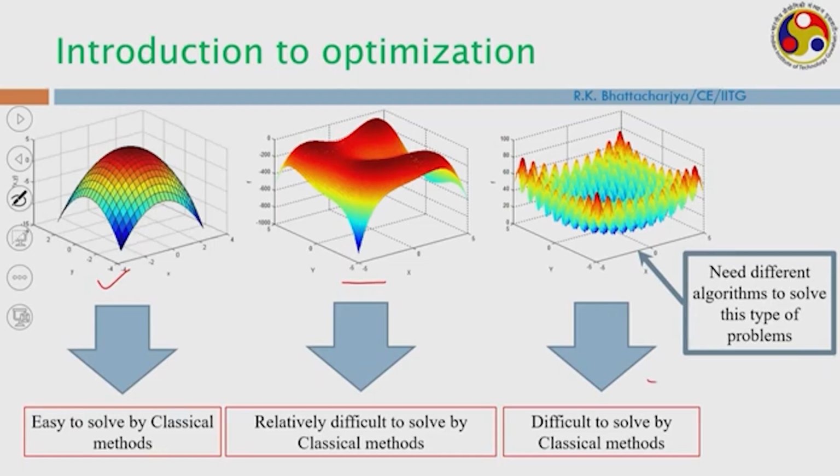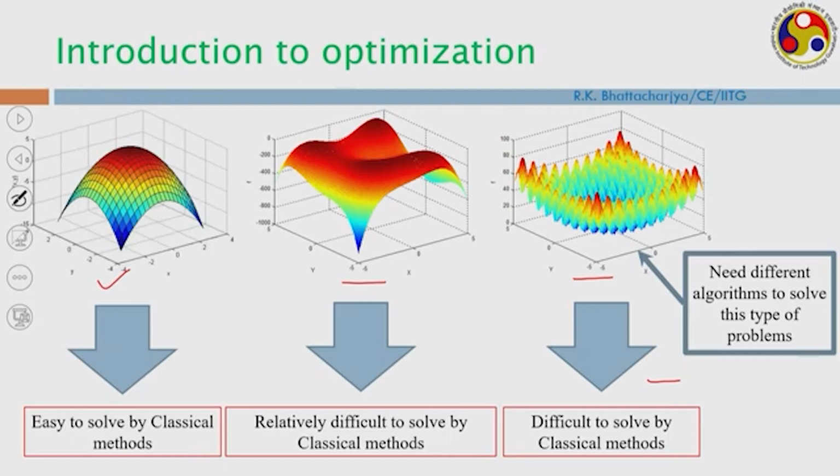But the third problem is difficult to solve using classical methods. It is very difficult. You may do a lot of iterations by changing the initial solution, and you may get the global optimal solution, but it is really difficult to solve using a classical method. For such a type of problem, you need different algorithms.